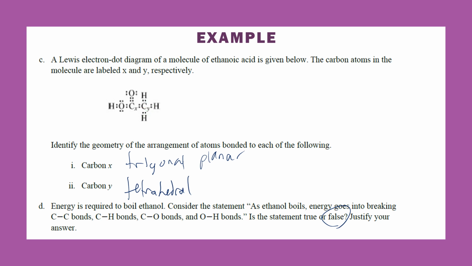You're only breaking intermolecular forces. So when you boil ethanol, it's still ethanol. Those carbon-hydrogen bonds or carbon-carbon bonds are still intact. Okay, so that's why it's false. And that one, part D, was 1 point all or nothing. You had to say it was false because only the intermolecular forces break, not the covalent bonds.